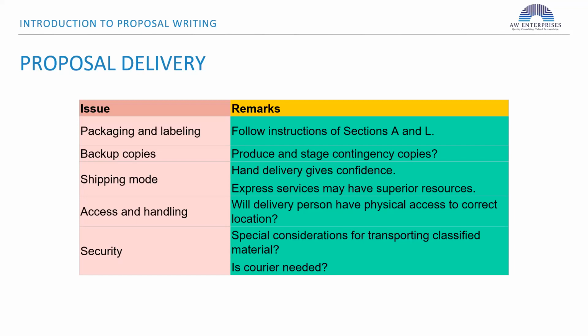It's not really asked for hard copies all the time these days, but back in the day when I first started out in proposal writing, everything was hard copy because we didn't have all the technology we have now. But now mostly bids are submitted electronically. And since COVID, that stopped a lot of hard copy submissions.